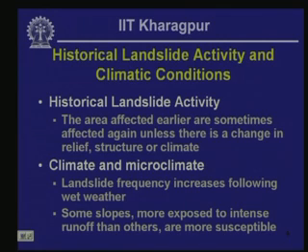Then the second aspect here is climate and microclimate. The second term is of interest because many landslide activities affect hilly areas, where very small units of area are affected. They have their own microclimate, so they have their own rainfall intensity and their own snow cover or snow melt pattern, which may be quite different from areas only a few kilometers away.